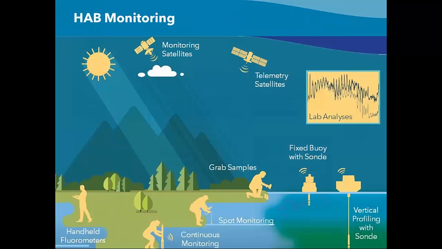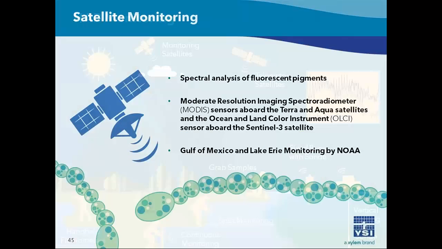But keeping our focus on the pigments, I want to talk about the really powerful technology that's being used with satellites. NOAA is doing this a lot. This is basically a spectral analysis looking at the pigments that are mainly on the surface of a lake.